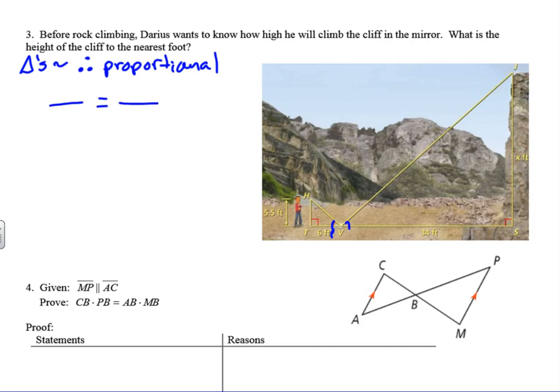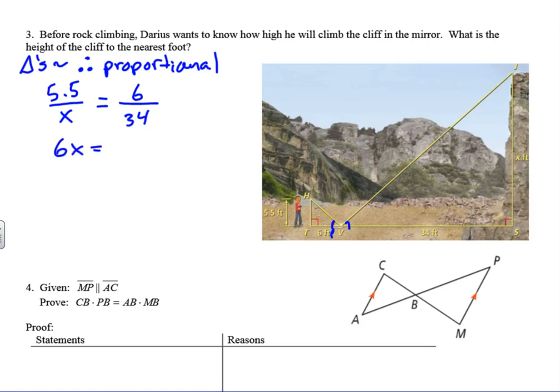That's the kind of mathematical thinking that we want to have related to this. So 5.5 is his height, and 6 is his distance from the mirror, and 6 is going to correspond with 34, and then the height, which we're going to call x, is what we're going to try and find. So we'll put x below the 5.5. We're going to use our cross product property.